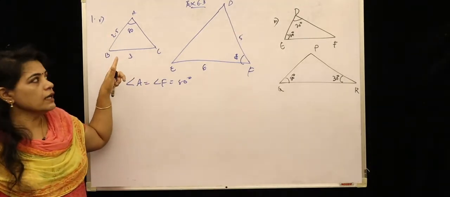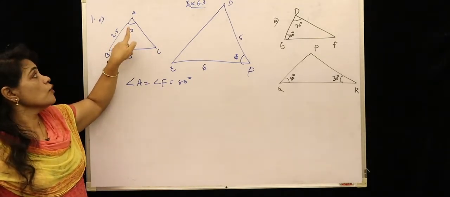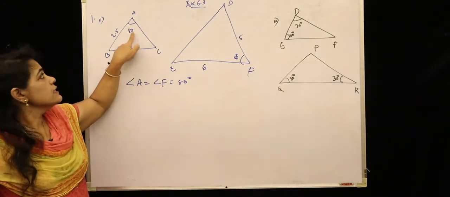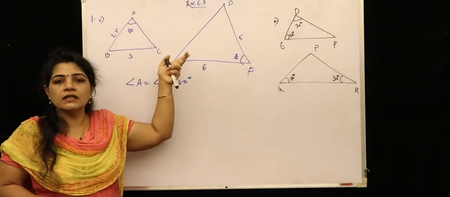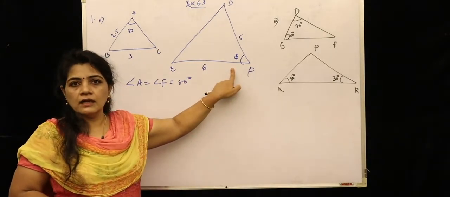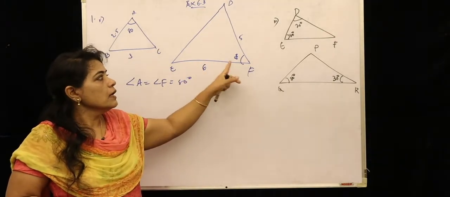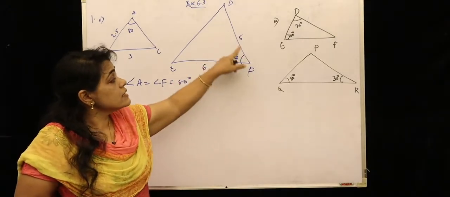No, children. The sides including angle A are AB and AC, and nothing is mentioned about AC. But in the second triangle, the sides including angle F, 80 degrees, that is EF as well as DF, are given.